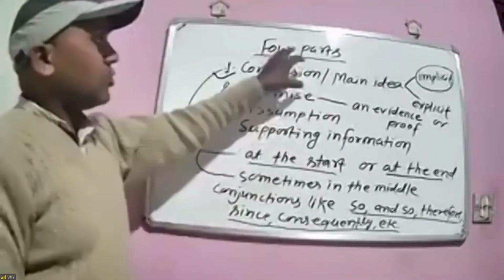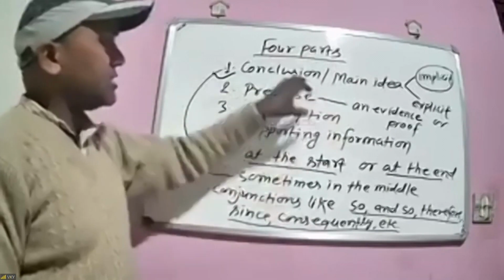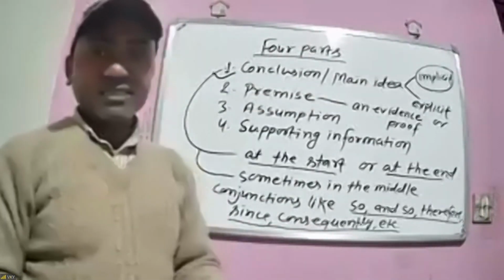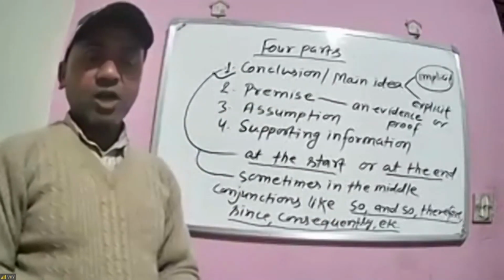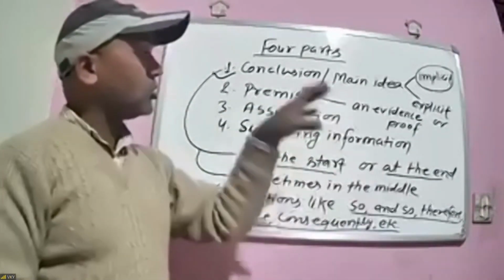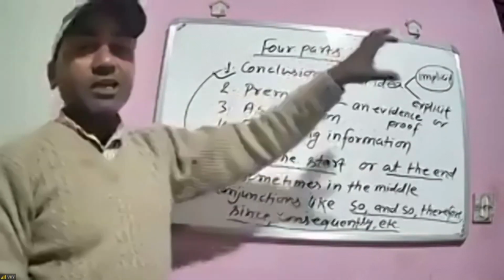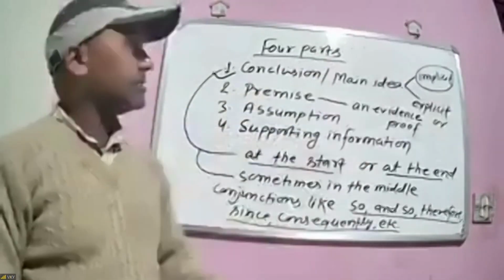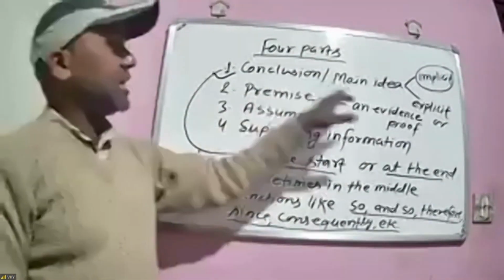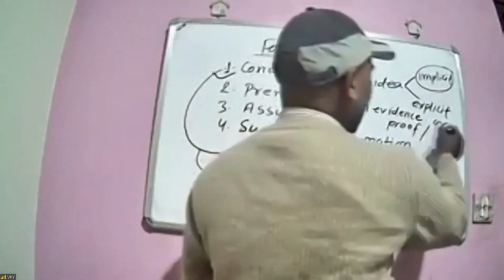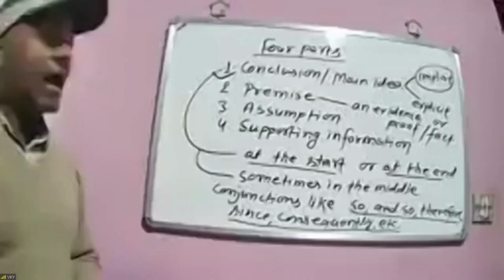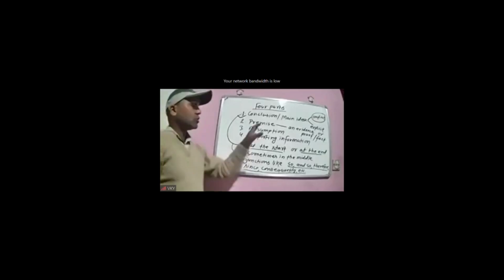The conclusion or main idea of the text is based on some evidence, some proofs. On those proofs, on those evidences, the conclusion is grounded. So premise is an evidence or proof or fact, you can say. It is a fact on which the conclusion is based.